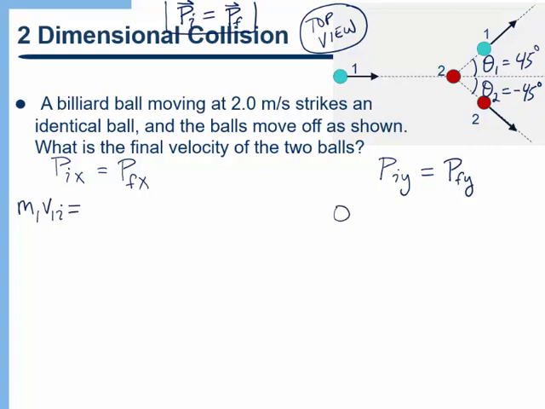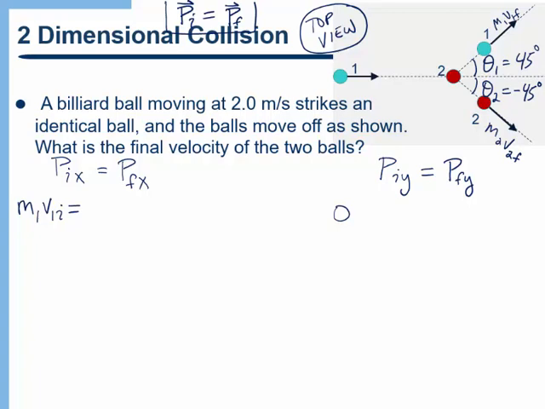After the collision, we now want just the components of the momentum in the x direction. So we've got m1 v1 final and m2 v2 final for the two final momentums, but we only want the components.